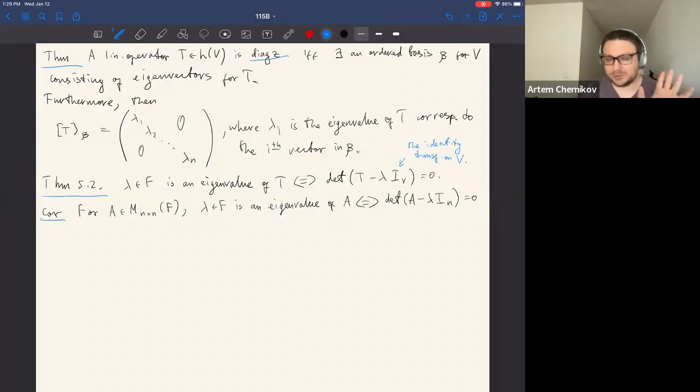So exactly the same statement, but now all in terms of matrices as opposed to linear transformations. Let me just recall that the identity matrix, as usual, is the n by n matrix which has ones on the diagonal and zeros everywhere else. So we have this criterion for determining the eigenvalues, either of a linear operator or of a matrix, right?